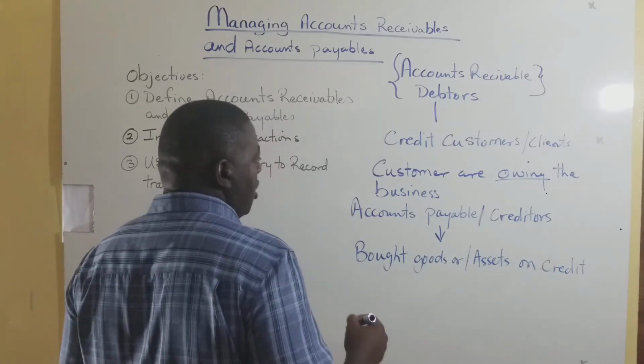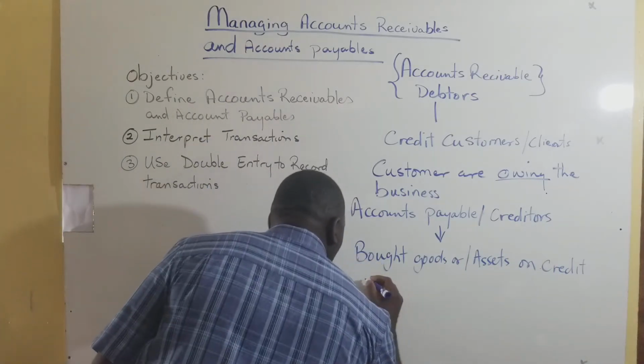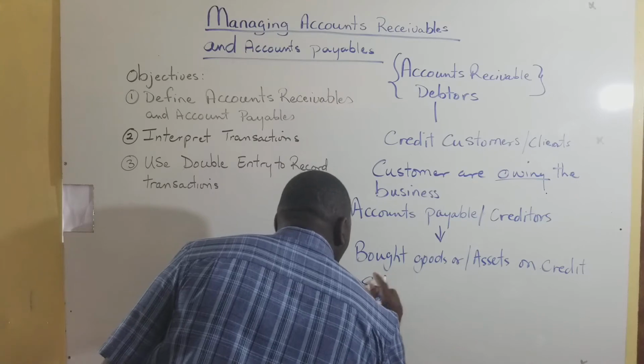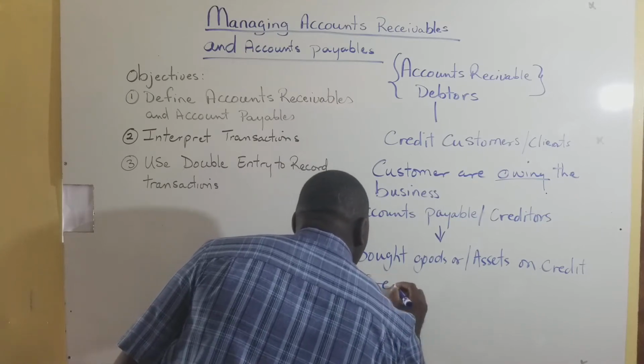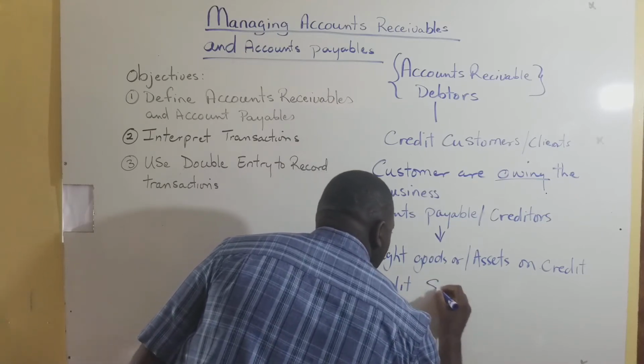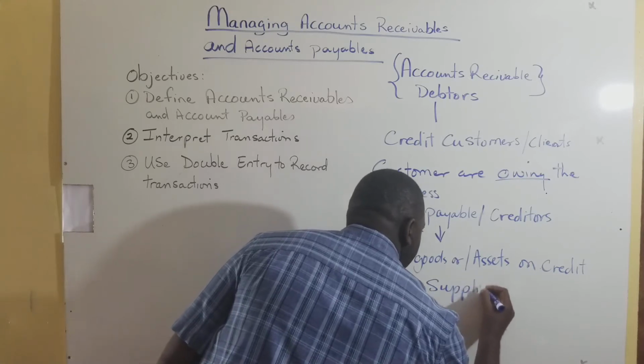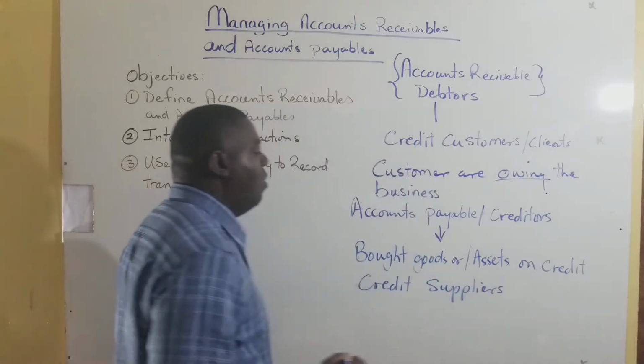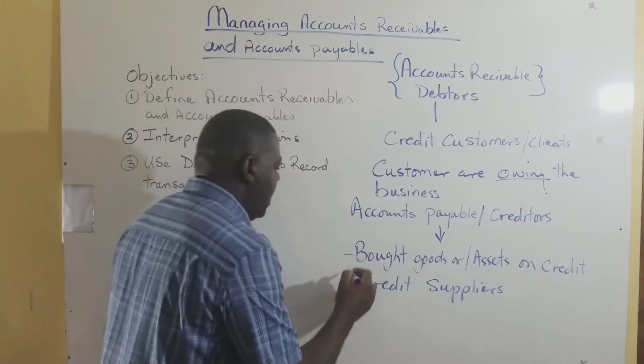So these individuals, we could also say, are our credit suppliers. They are our credit suppliers.